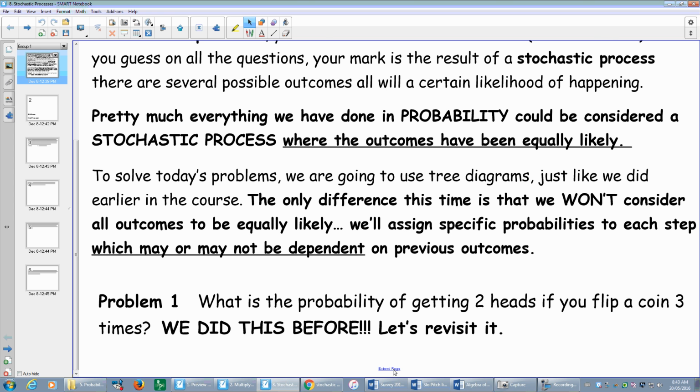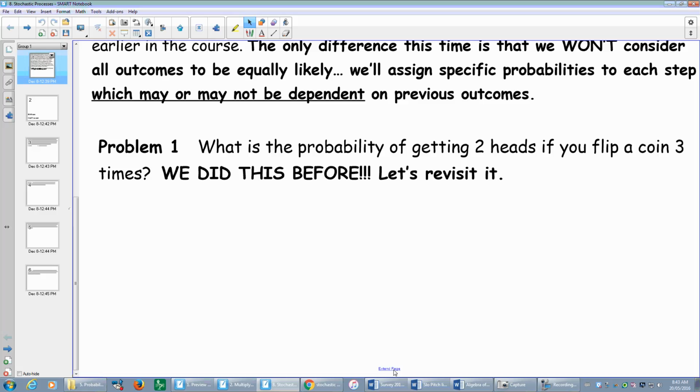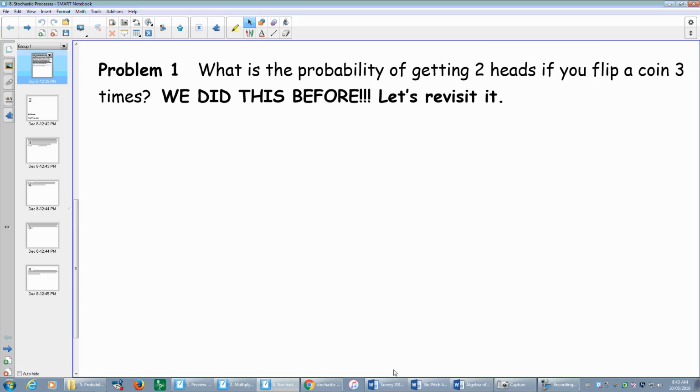Okay, so here's the example that we did before. What is the probability of getting 2 heads if you flip a coin 3 times? The way we did this before, I'm going to do this drawing a tree diagram. On my first flip, I can get a heads or a tails.